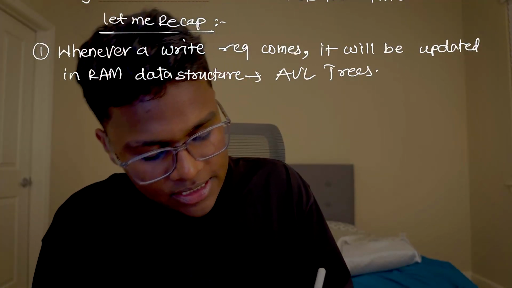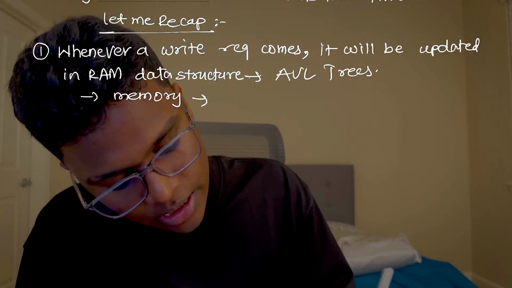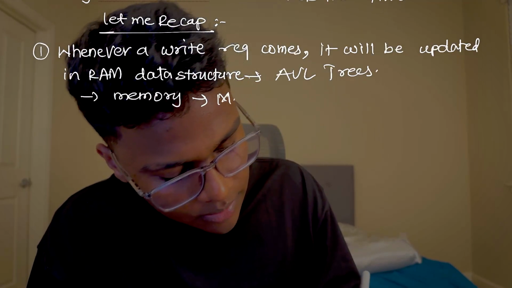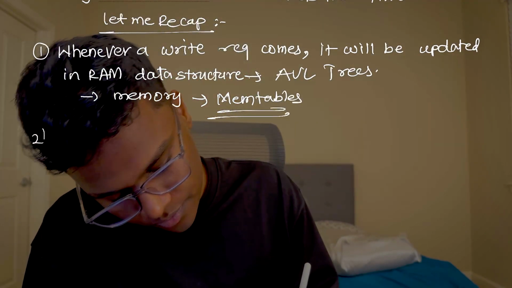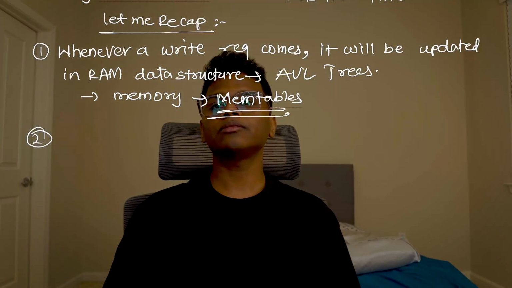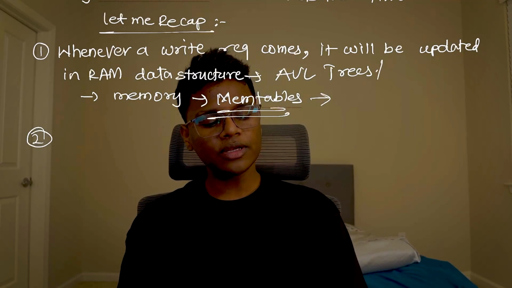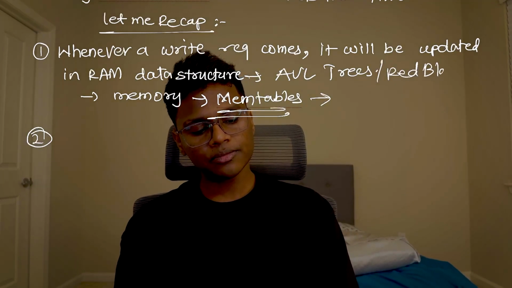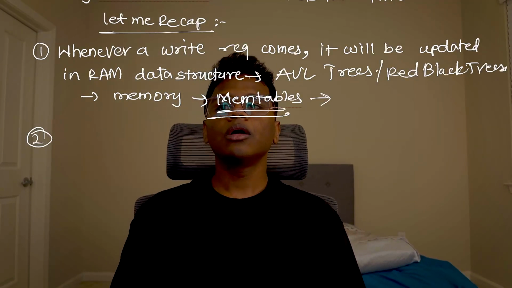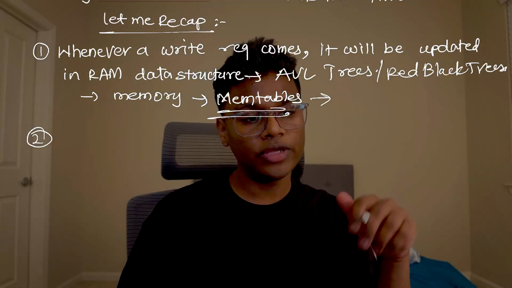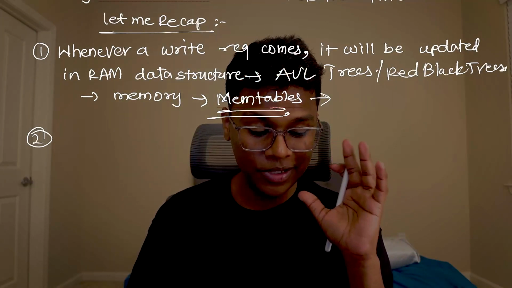Since we are storing this in memory, it is often known as memtables, right? And we can store it as AVL trees or red black trees. So we are still storing it in memory.